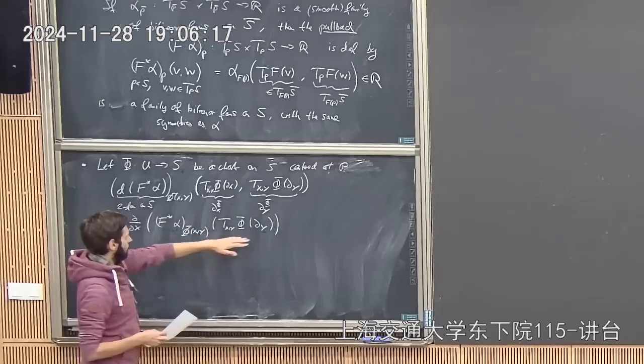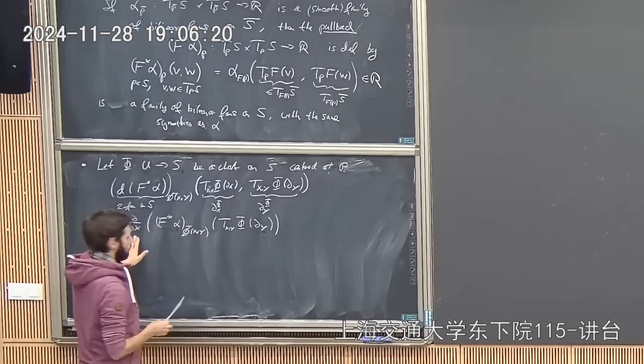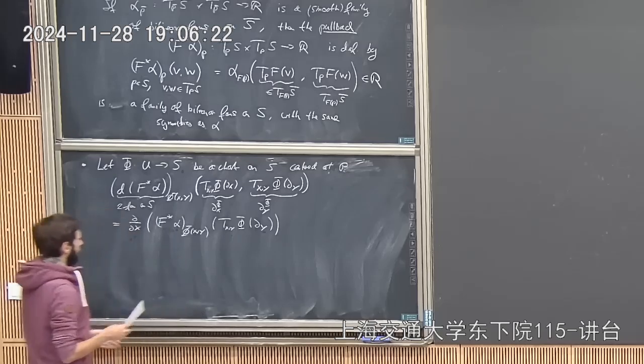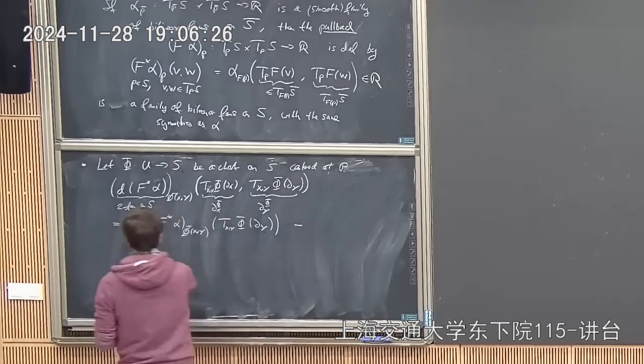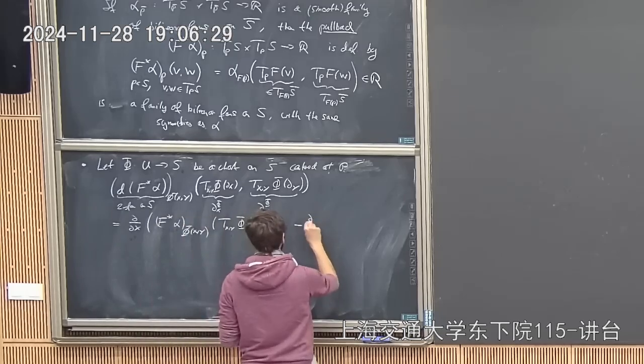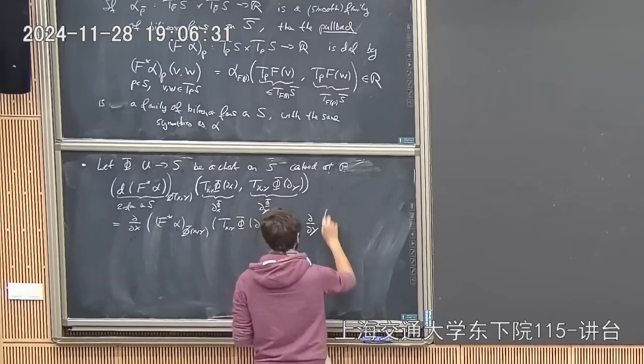Then we get a function that depends on x and y, and we take the derivative in x. And now we have to do the same thing, but with a minus sign and x and y roles converted, the opposite.